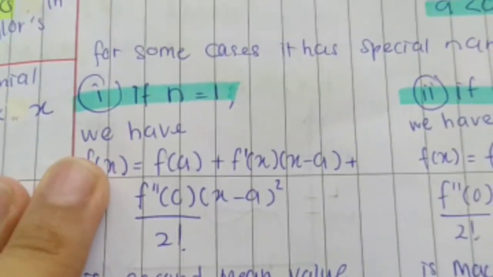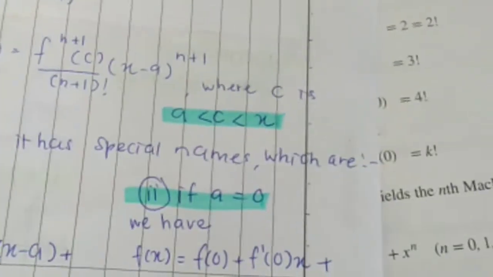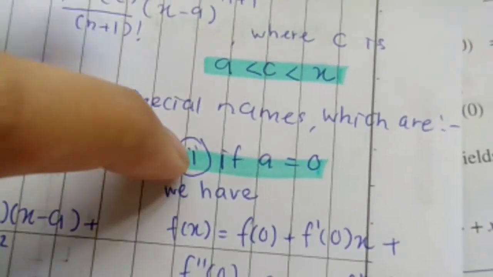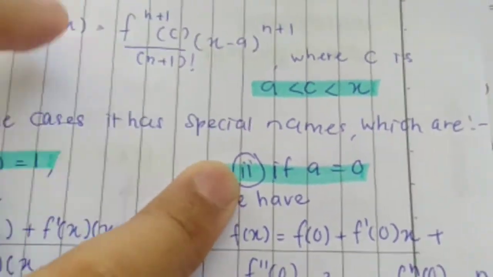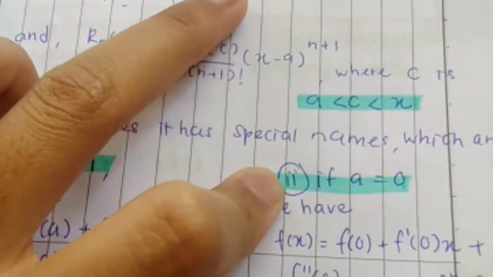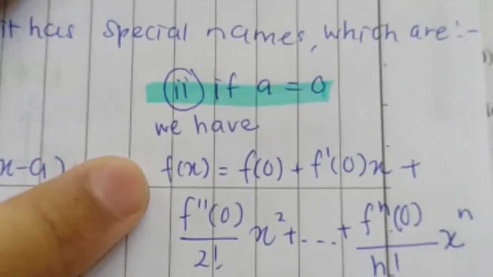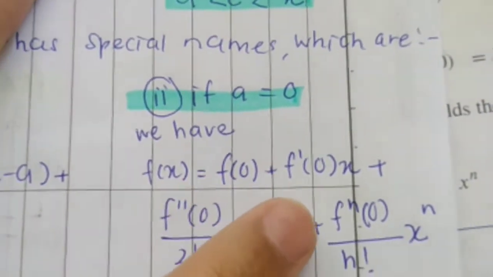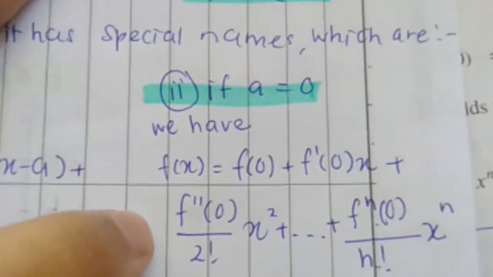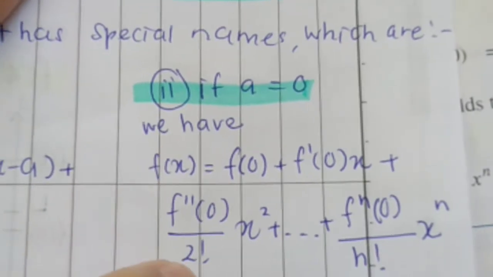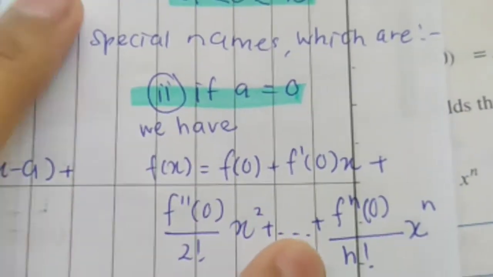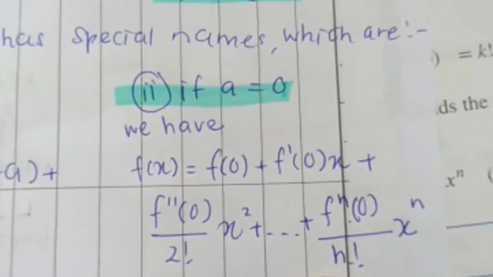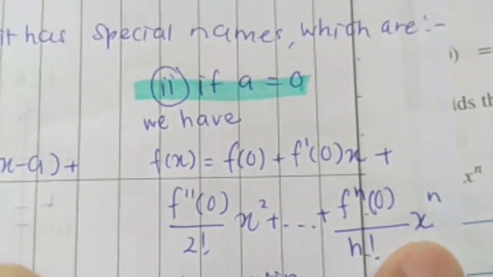This is the second mean value theorem. And for the case of a equals 0, we just substitute 0 for a. So we have this formula: f(x) equals f(0) plus f prime(0)x plus f double prime(0) over 2 factorial x squared plus dot dot dot until f^n(0) over n factorial times x to the power n. This is the Maclaurin theorem.